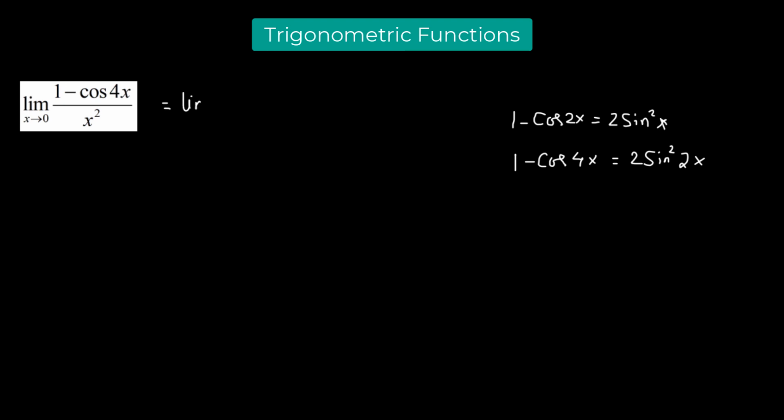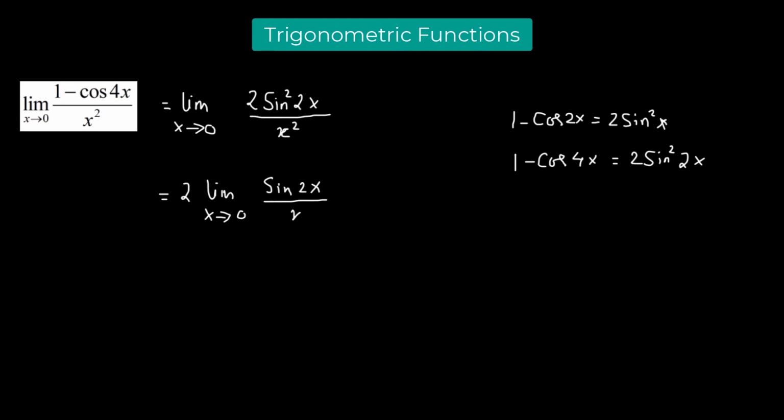So we have limit x approaching 0 of 2 times sine squared 2x divided by x squared, which will be equal to 2 times the limit x tending to 0 of sine 2x divided by x multiplied by sine 2x over x.